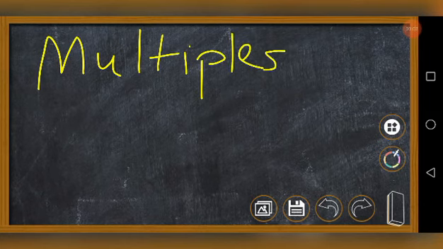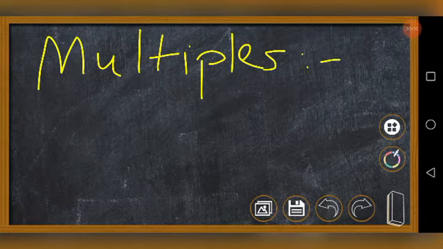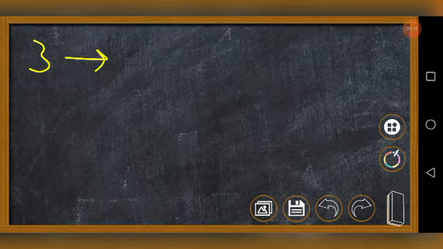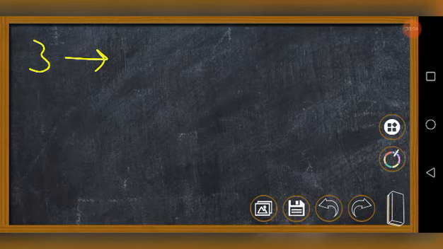Multiples according to the times table. Take for example the multiples of 3, which is another name for the times table of 3.